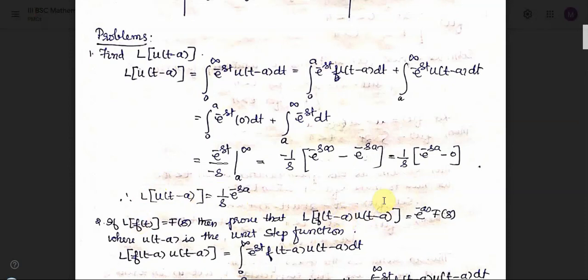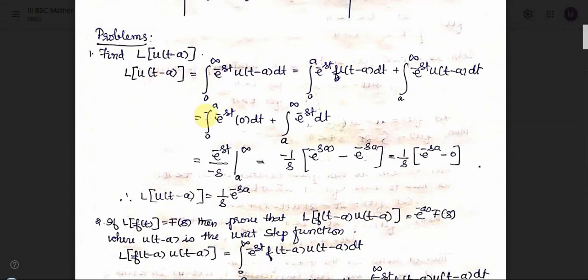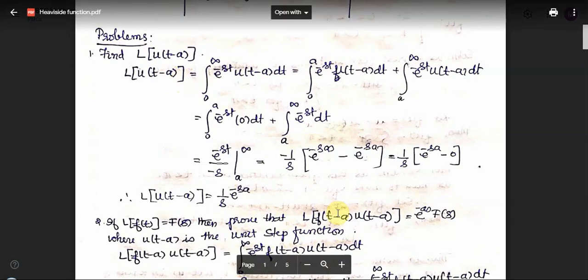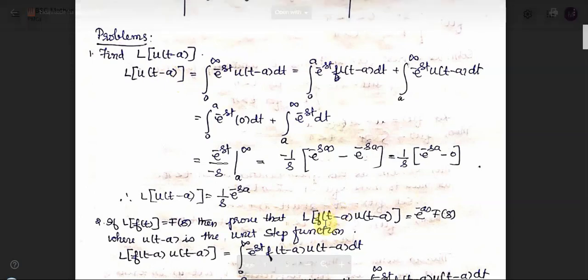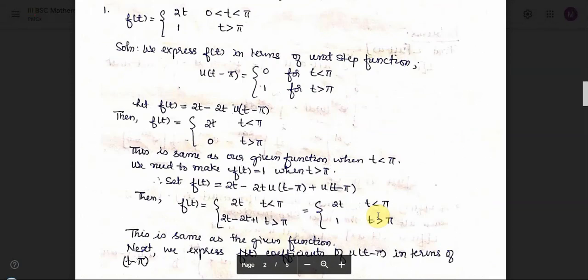That means the function's variable is in terms of t minus a, which is the same as the t minus a here. These are the only two formulas I have when I have a unit step function. Therefore, either my term should be only the unit step function, or a function whose variable is t minus a when my unit step function is u of t minus a. So we will come back to the problem now.